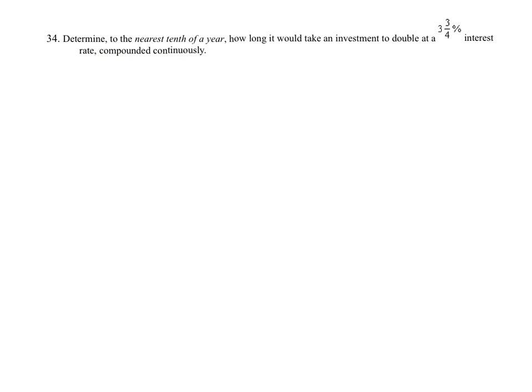All right, so if you read this question, you will see that it asks you, or discusses, about how long it's going to take an investment to double at a certain interest rate, and it's compounded continuously. So remember that compounded continuously is A equals P e to the RT power, right?